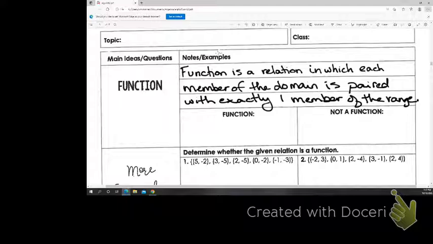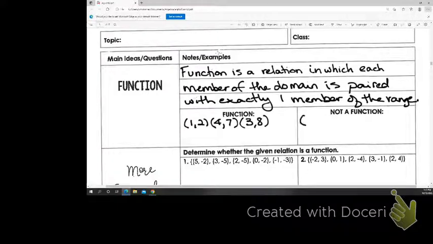So let's say some of these ordered pairs, let's say if I had 1, 2, 1, not 1, 4, 7, 3, 8, this would be a function. Okay, I don't have to be able to write a special rule. If all of the x's are different, it will be a function.